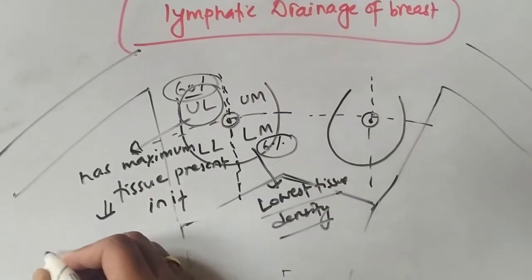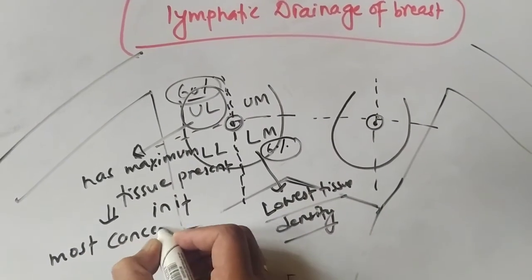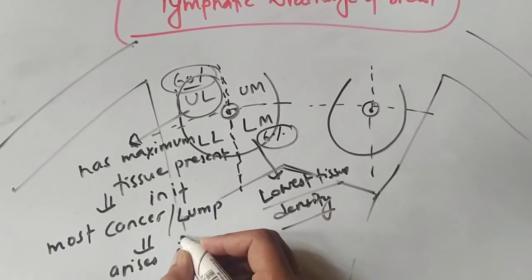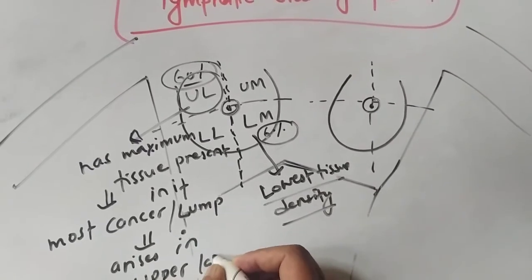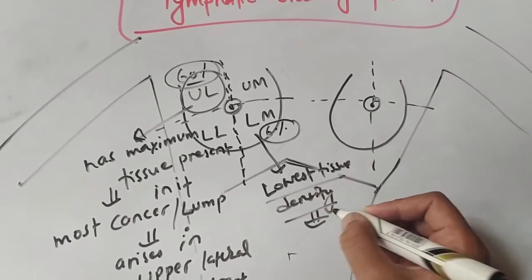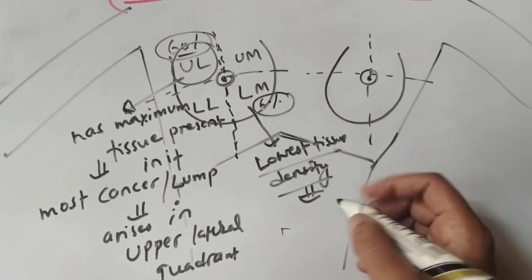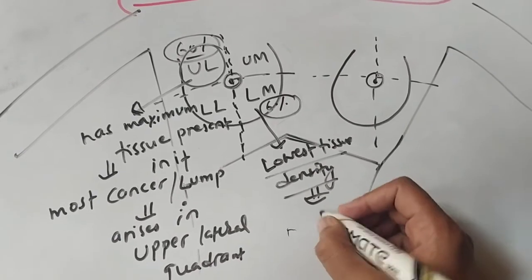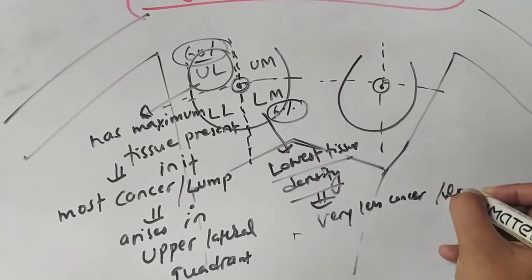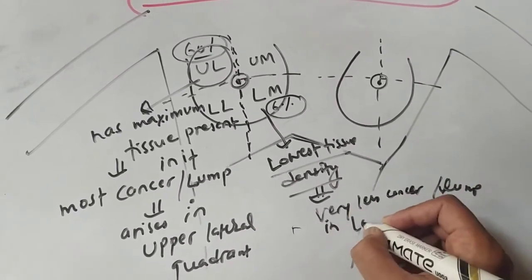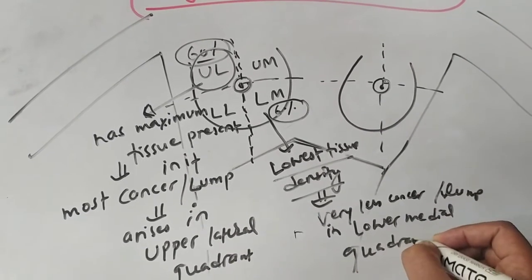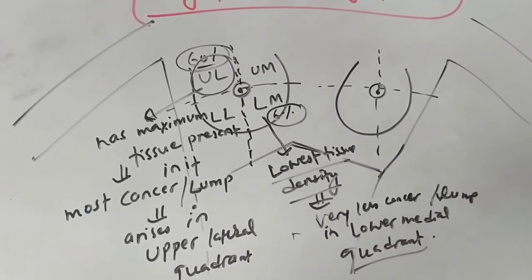So most cancers, or you can say most of the lumps, arise in the upper lateral quadrant, and the least, very little cancer or lumps, occur in the lower medial quadrant. So this is a concept that you have to understand.